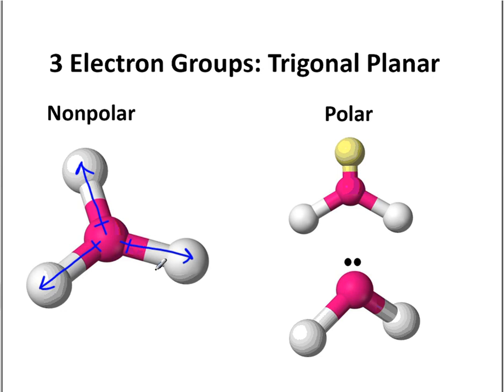Here this is a little bit harder to see that this is symmetrical and that the dipoles would cancel. So let's imagine we add all of those dipoles together. So I've got one dipole that points up towards the north, and then I've got this one here that's pointing down, like this. And then if I take my third dipole and I add it tip to tail, it comes back to where I started.